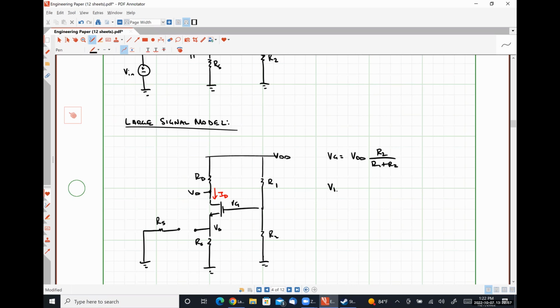VD is going to be VDD minus RD times ID, and VS is just going to be ID times RS.